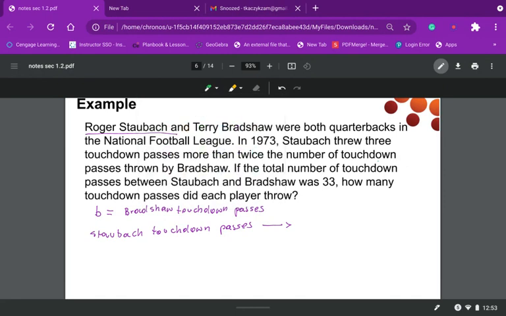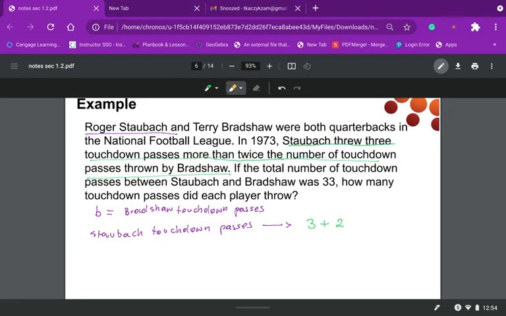And right here, they're saying that Staubach threw 3 touchdown passes more. So this is 3 more stands for plus, then twice the number of touchdown passes thrown by Bradshaw.